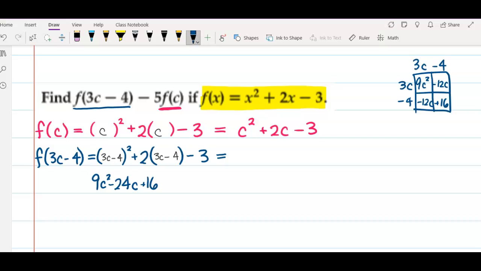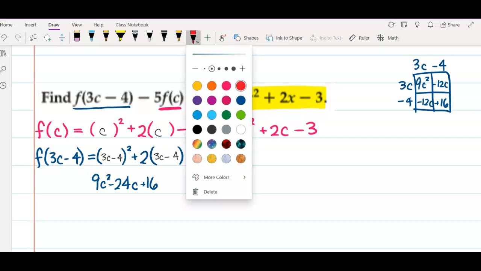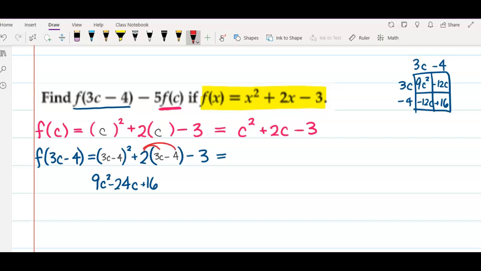This next little bit, we just need to distribute. And when we do that, we get plus 6c minus 8. And then finally the minus 3 just comes down. Further simplifying, we can combine some like terms.